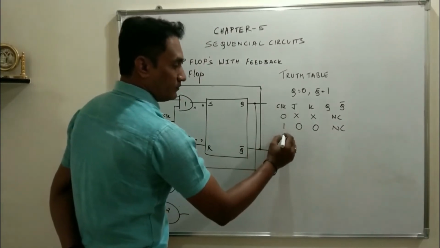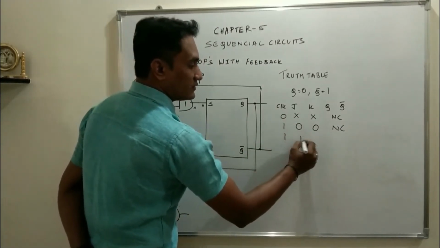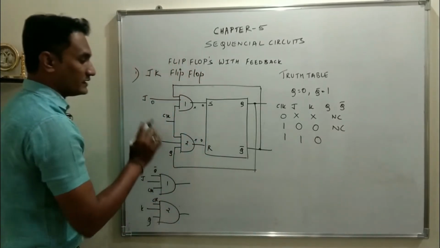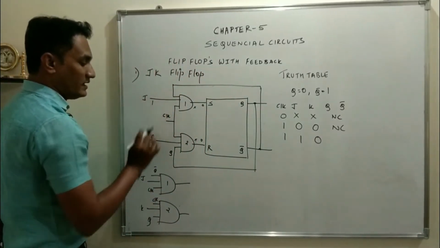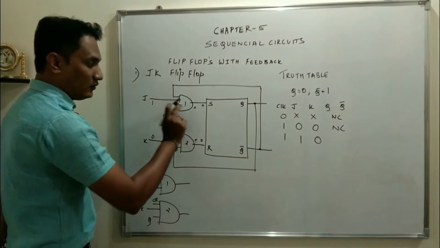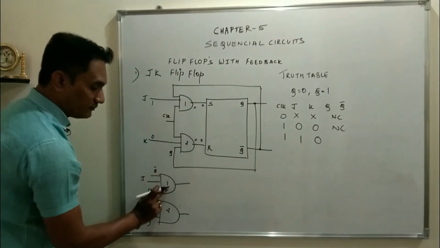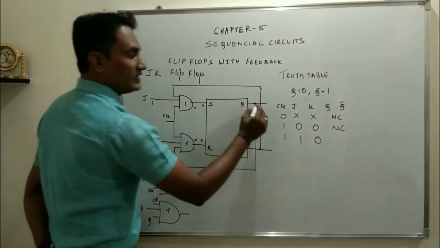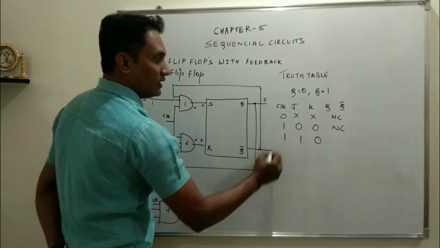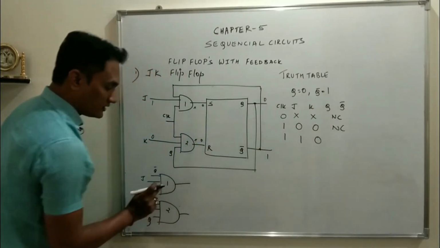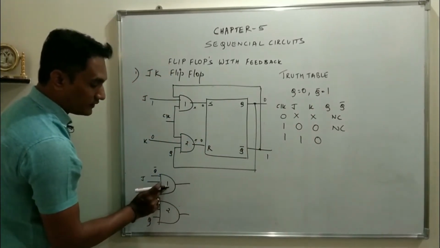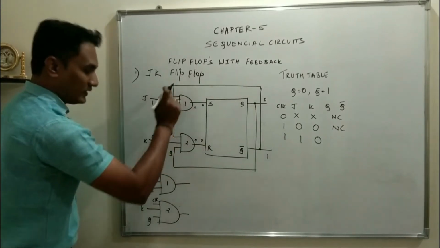Next, clock is 1, J is 1, K is 0. Now, for this case, what is the input for the AND gate? What is the initial condition of Q? Q is 0, Q bar is 1. So what is the first input for the first AND gate? Q bar equal to 1 will be transferred here.